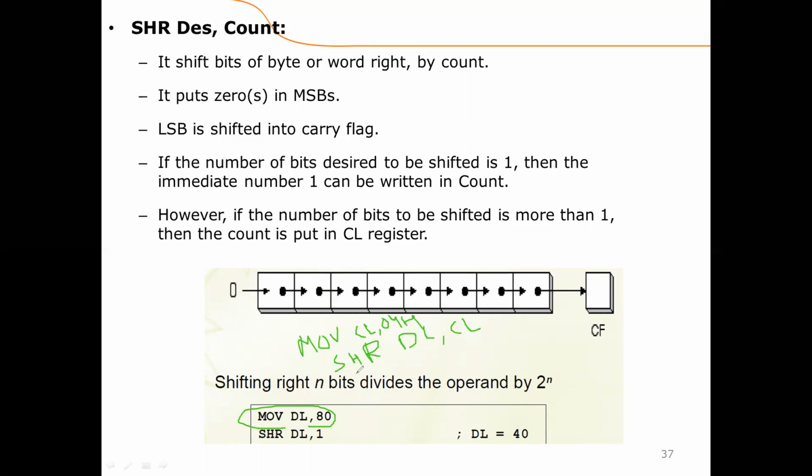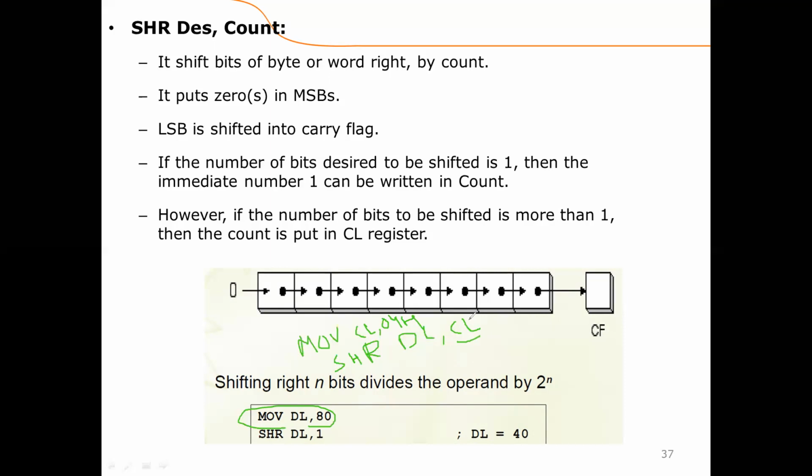While in case of the 8085 microprocessor, when we used a rotate instruction, and if we want to rotate the number by 4 bits, then we need to write the rotate instruction 4 times in the program. While in this case, we can write it only 1 time and mention the count value.